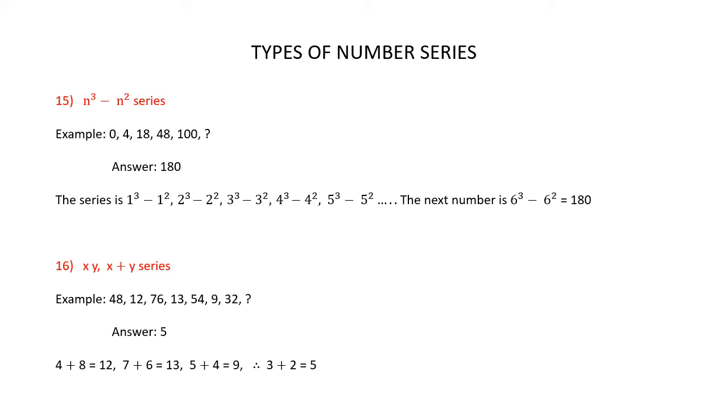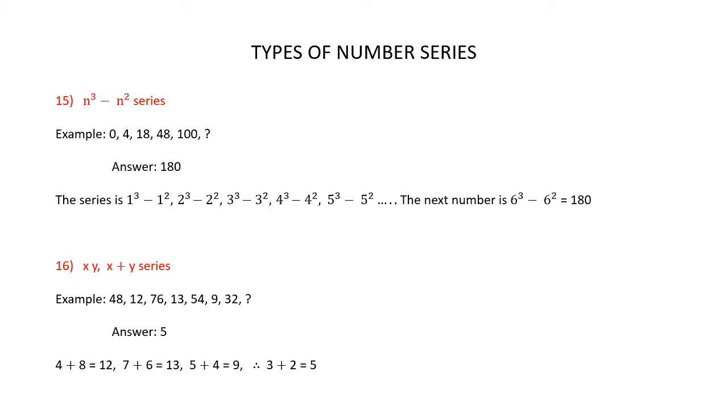The next series is x plus y series. This means that the second number is the sum of the digits of the first number. Here the first number is xy.